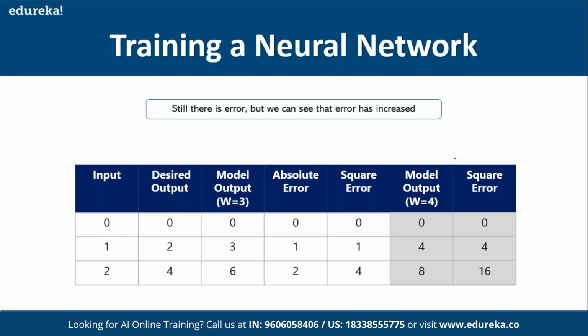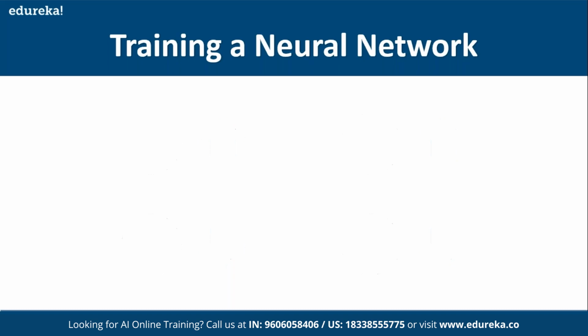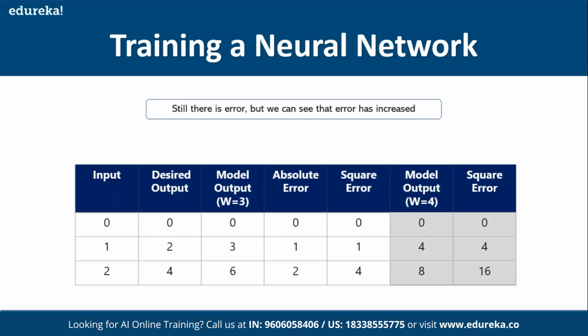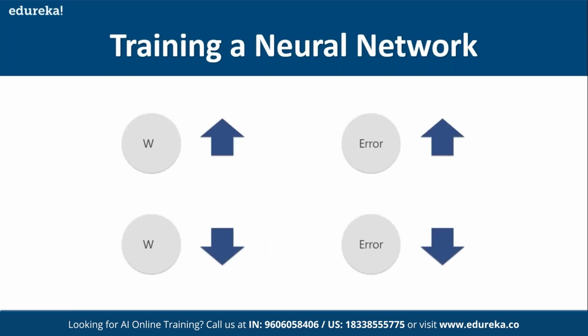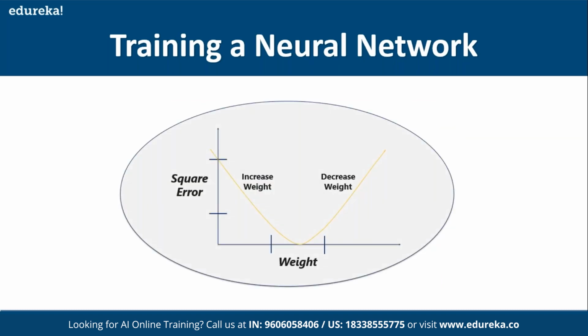So I keep changing the weights continuously, like what I did with 3, 4, 5, 6, and then I see, with the increase in the weight, is my error increasing or decreasing? By this I identify a threshold point when I should stop increasing or decreasing.